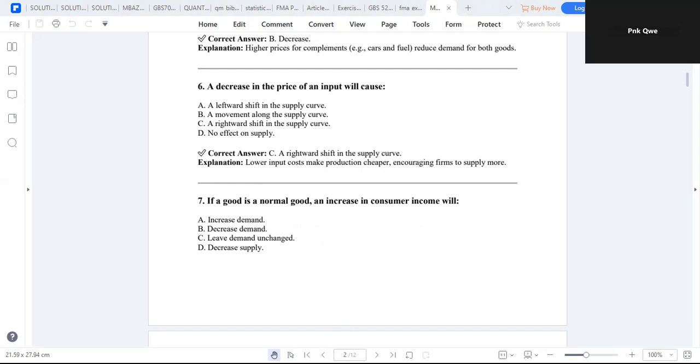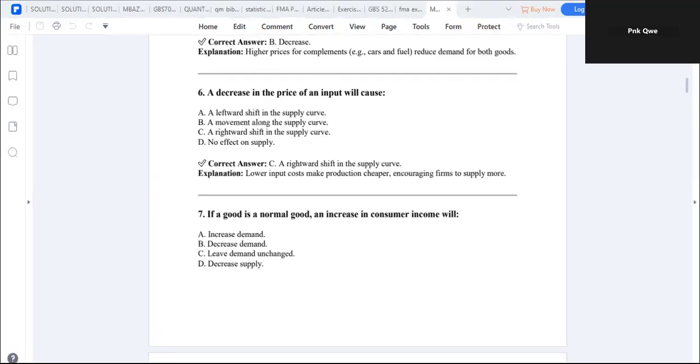The principle here is the income effect. For normal goods, the demand will increase as your income goes up. For inferior goods, your demand will decrease as income goes up. That's the principle.